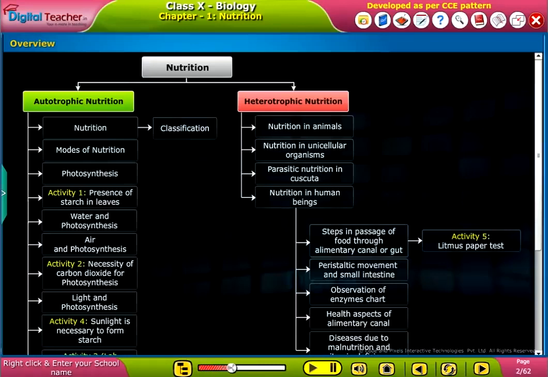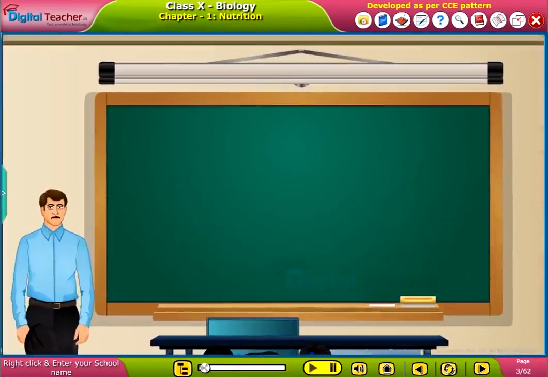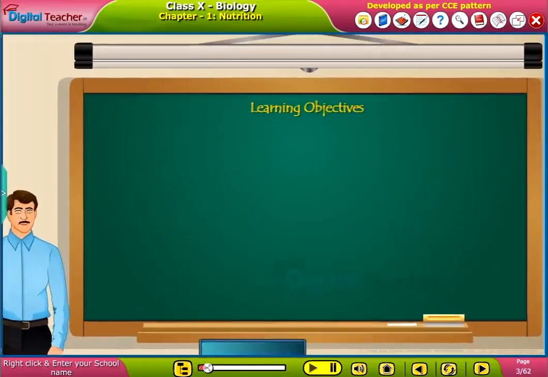This slide presents the overview of the chapter. Learning objectives.